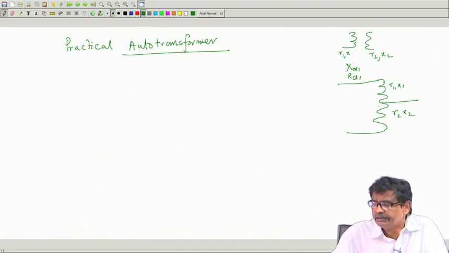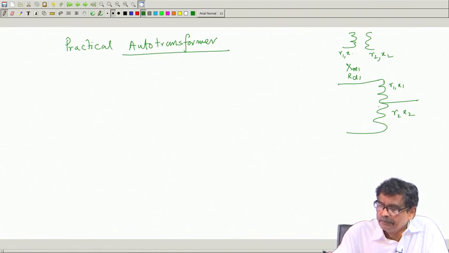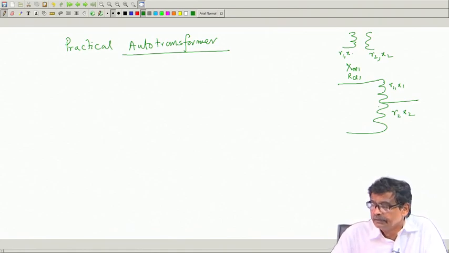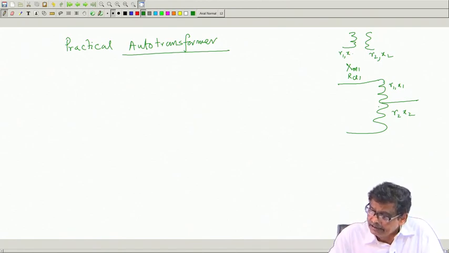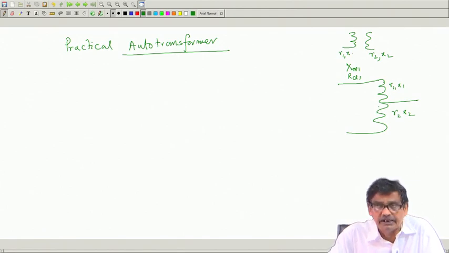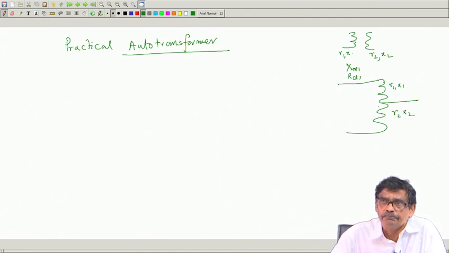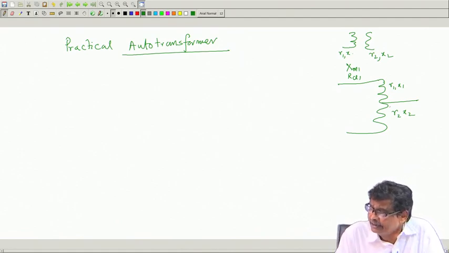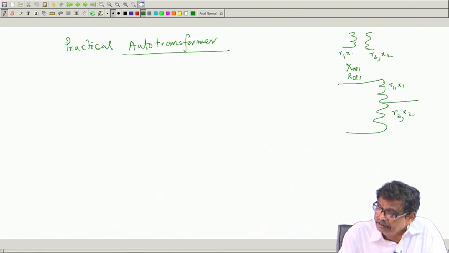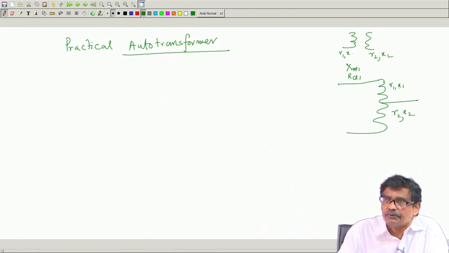First, what we will do is this, I will assume that windings will have some resistance and leakage reactance, because leakage flux will be there, and this portion and this portion of the windings have their own electrical identity, not mixed up between them. So, I will say the resistance of this portion of the winding is R 2 and leakage reactance is X 2 and this portion of the winding is R 1 and X 1. I can very well define that.